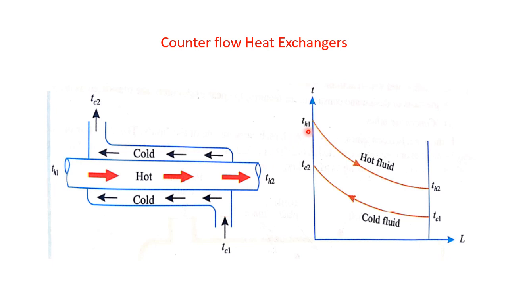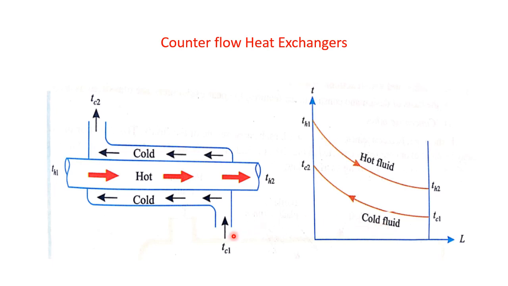You can see here in the graph, the temperature of the hot fluid goes on decreasing when it moves along the length of the heat exchanger, because this hot fluid is giving up the heat to the cold fluid.